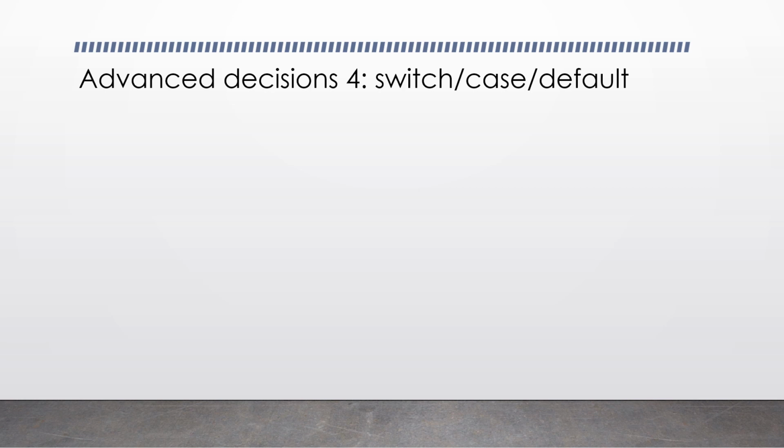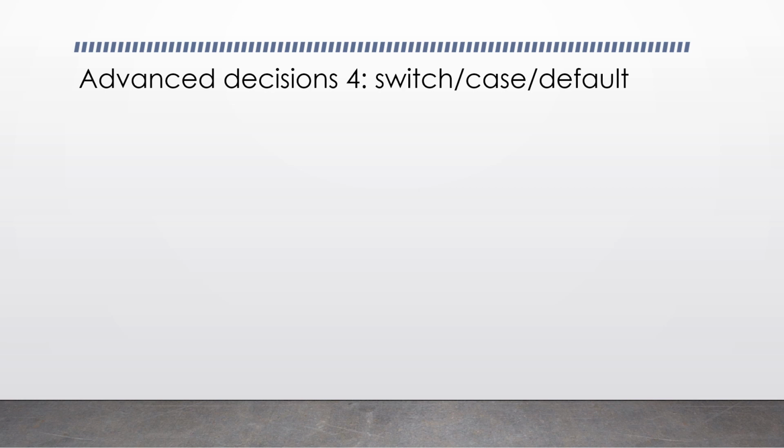Okay, finally, advanced decisions 4. Switch case and default. Going back to our first problem of saying hello, saying morning, good evening, whatever. That's a classic kind of decision for a switch statement if you can reduce everything to single integer cases.